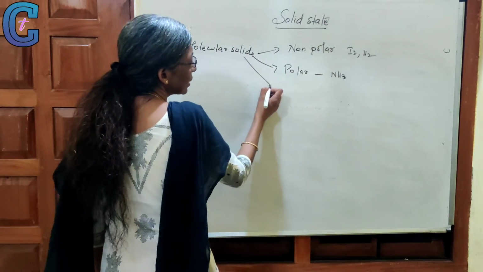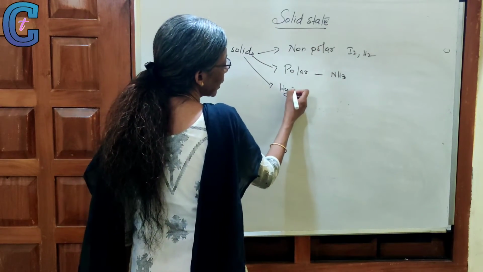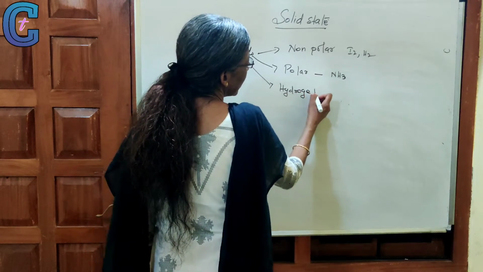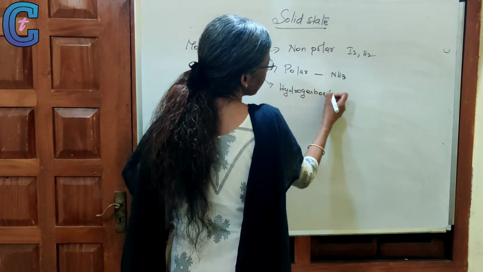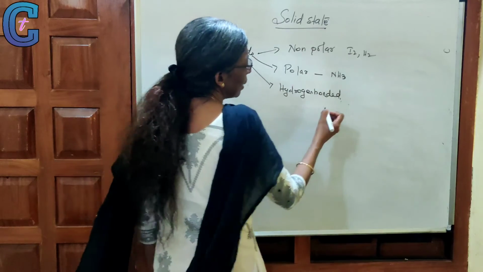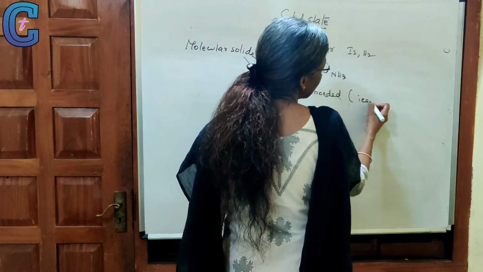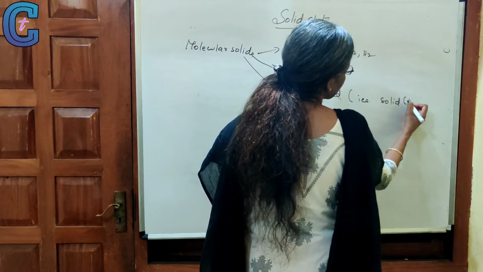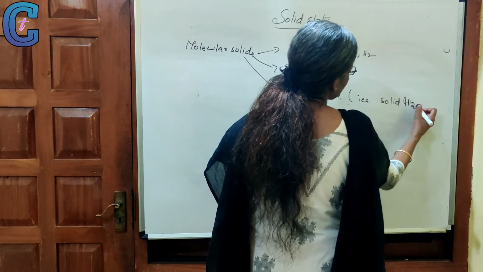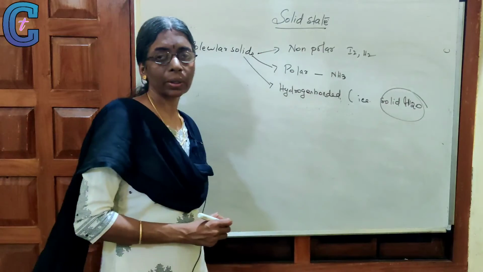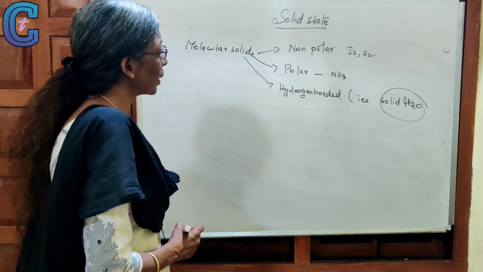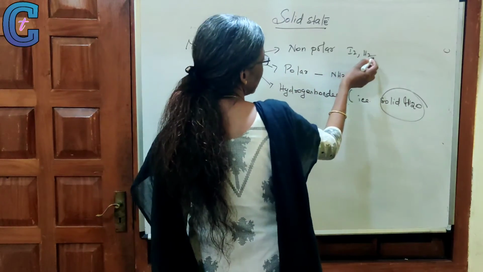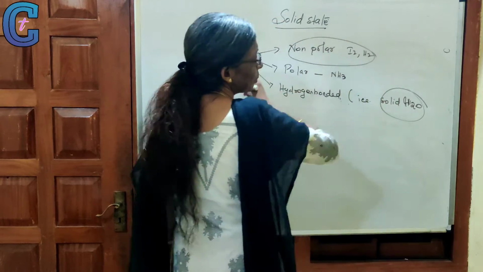The third one is hydrogen bonded, example ice. Solid form of water is ice. That is hydrogen bonded.